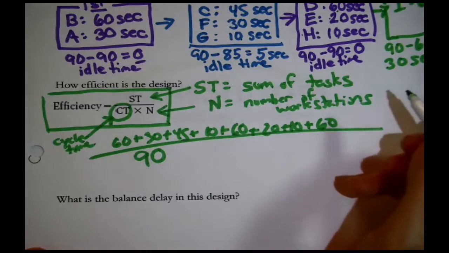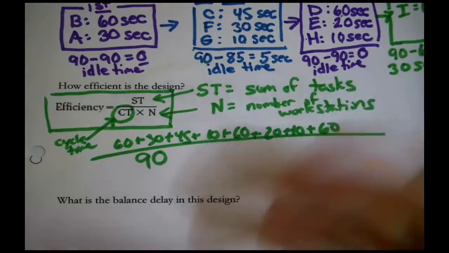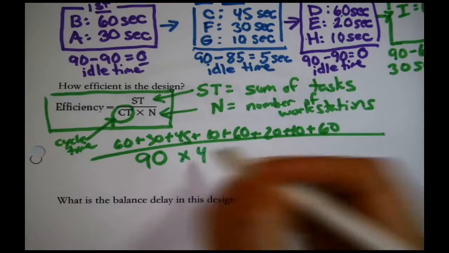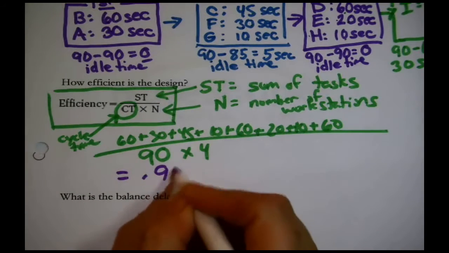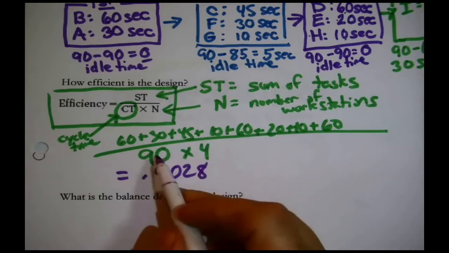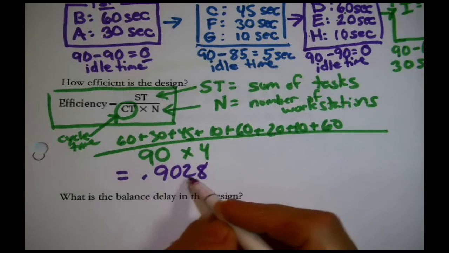Just when you were done with your design, how many of them actually were there? Well, in our case, there were 4. So on my calculator, I get 0.9028. Add all that up, divide by 360, which is 90 times 4: 0.9028.